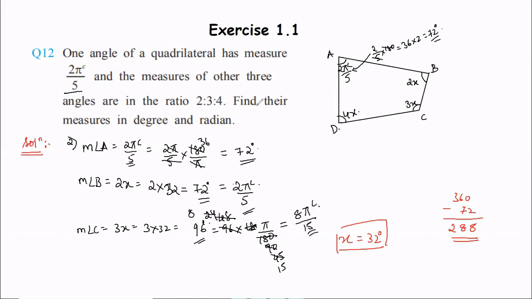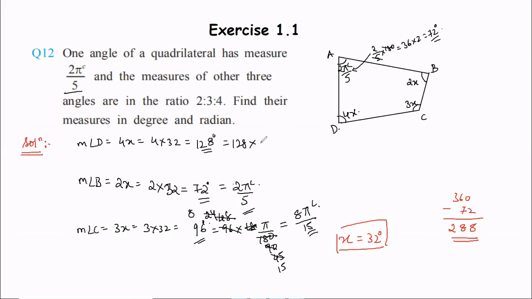Now calculating for angle D. Measure of angle D is equal to 4x, so that will be 4 into 32, which gives 128 degrees. We will convert it to radians with pi by 180.